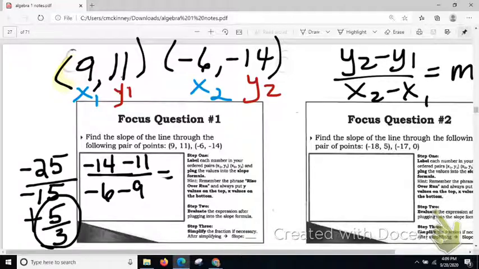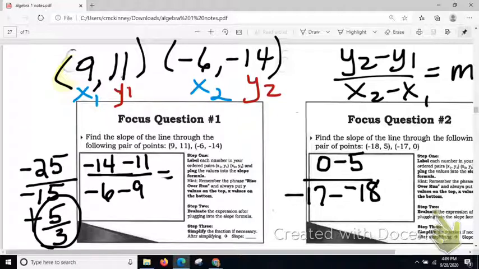So same thing over here at the right. I'm going to do 0 minus 5, so my second y minus my first y on the top, and negative 17 subtract negative 18 on the bottom. There is a subtraction sign in the formula.